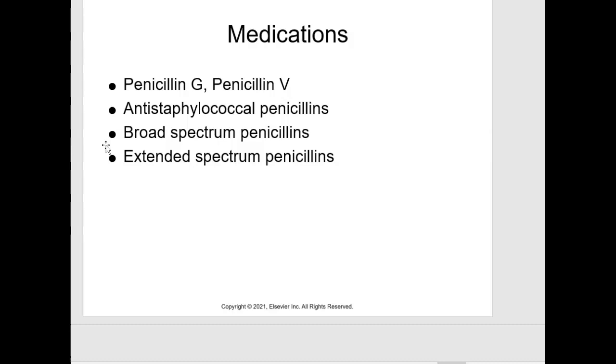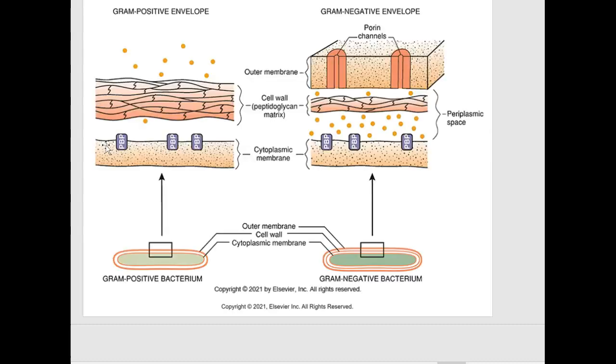Both have the same antimicrobial spectrum as penicillin G, but also have increased activity against certain gram-negative bacilli, such as H. flu, E. coli, Salmonella, and Shigella. So this broadened spectrum is mainly due to an increased ability to penetrate the gram-negative cell envelope. So our broad spectrums, ampicillin and amoxicillin, do really well at penetrating this part here.